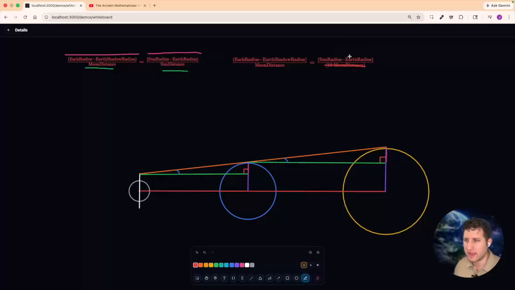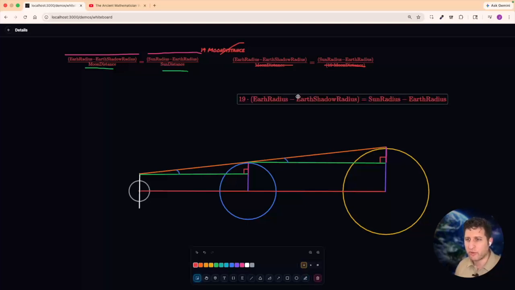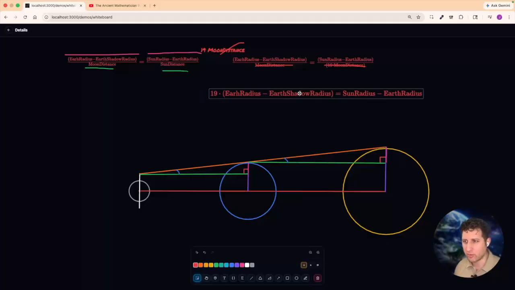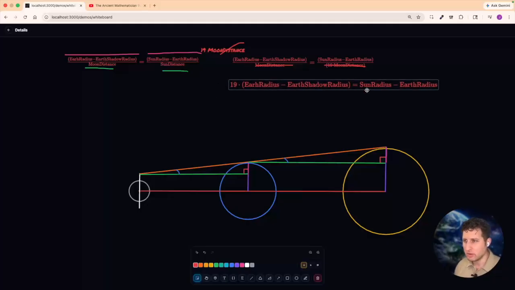And if you multiply this other side by 19 moon distances, you can cross out this moon distance and this moon distance. So ultimately what you're left with is this equation: 19 times Earth radius minus Earth shadow radius is equal to the sun radius minus the Earth radius.